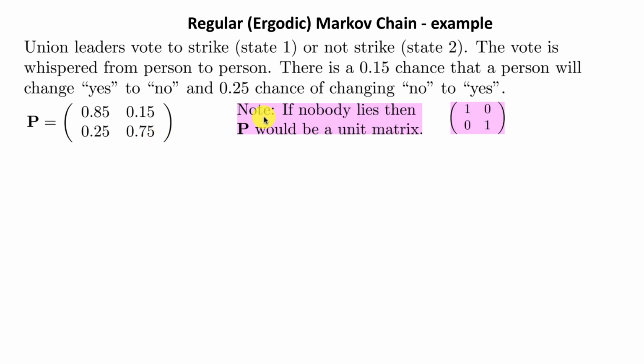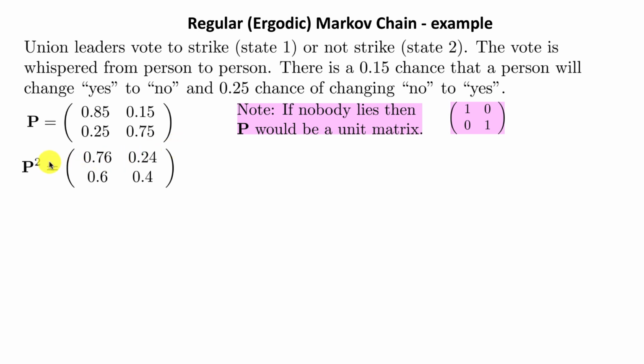Let's note over here that if nobody lies, then P would be a unit matrix of this form, 1 0 0 1. In this case, whatever the union leaders decided would be transmitted faithfully, truly, onto the others. But as we see, the information is altered as it goes from person to person. Well, let's take 2 people now.